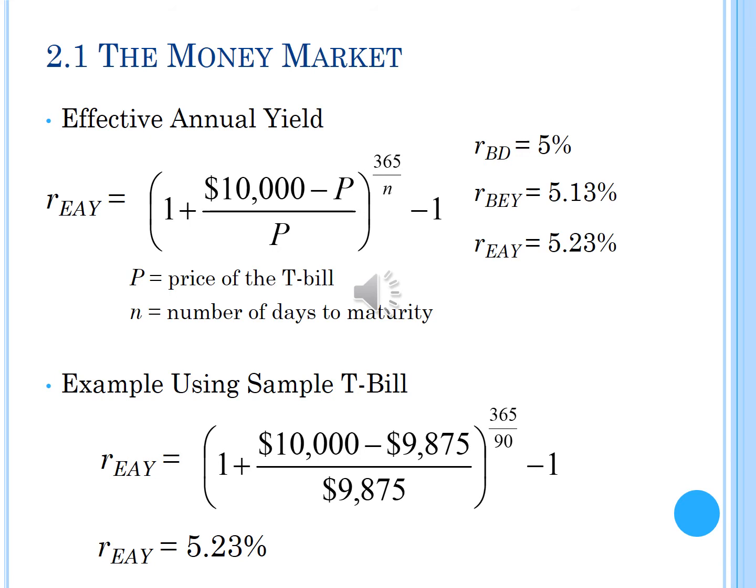The effective annual rate equals 1 plus 10,000, the par value, minus the price, divided by the price, and all of this raised to the power of 365 divided by the number of days to maturity. So using the same price from our example, we can do the calculation and find out that the effective annual yield is 5.23%.